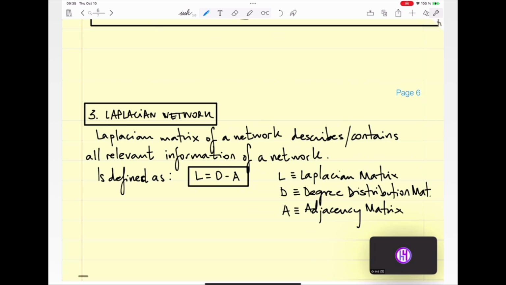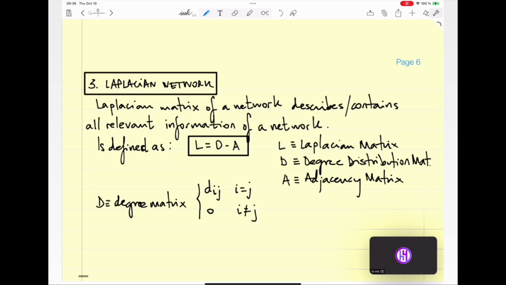Okay? So let's see what this means. You will see it's easy, okay? It's just very intuitive, but you need to follow me, okay? So the degree matrix, this is just a little bit of math, okay? Don't get bogged down by it. It has in the diagonal, if i equals j, the degree of the node, and 0 otherwise. So d_ij is the degree of the node, what we called before k sub i.